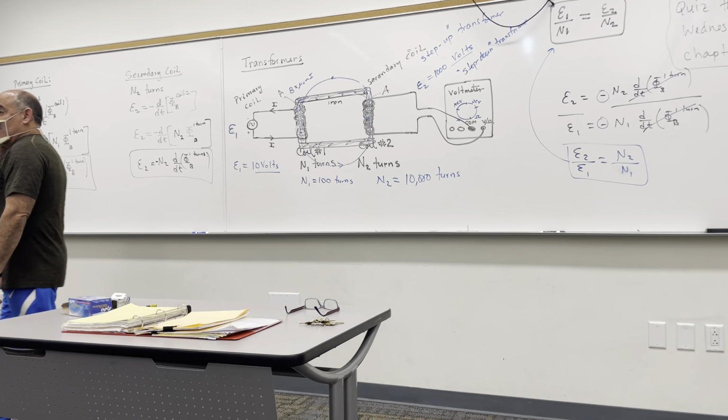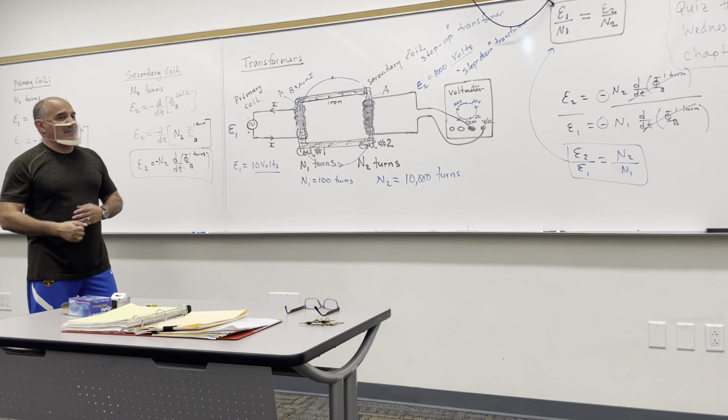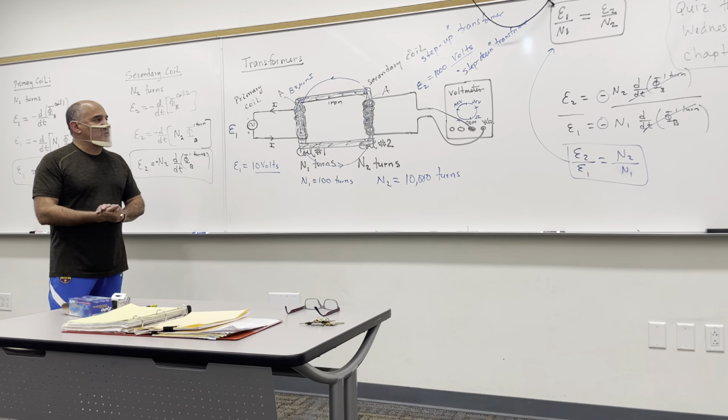In electrical power plants, they produce current in a circuit by changing the magnetic flux through a coil, and the voltage is produced.